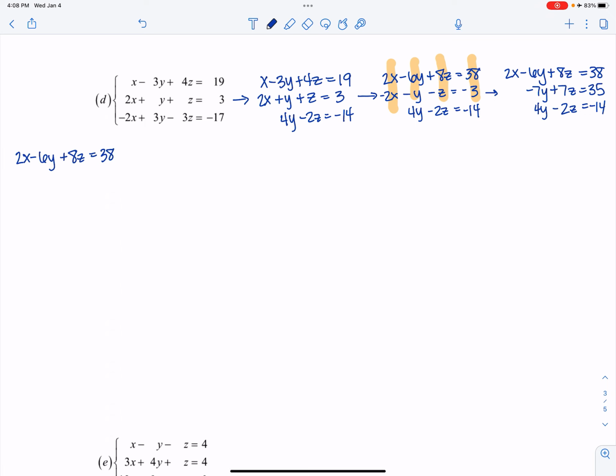And then if I divide everything in the second row by 7, I have negative y plus z equals 5. And I'm also going to divide the third row by 2. So we have 2y minus z equals negative 7.